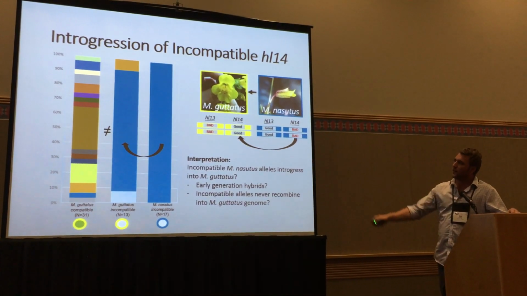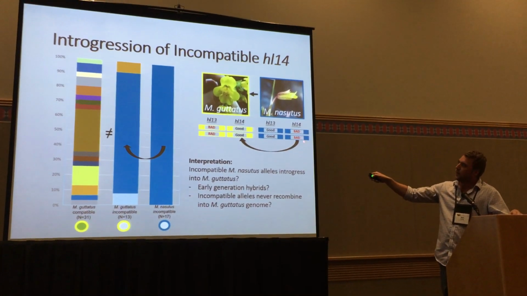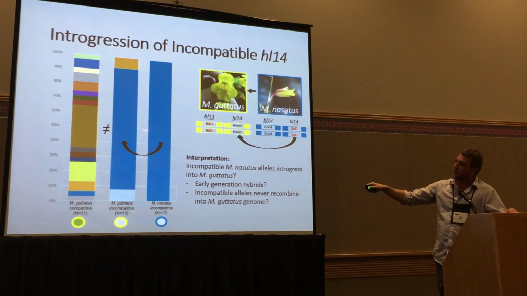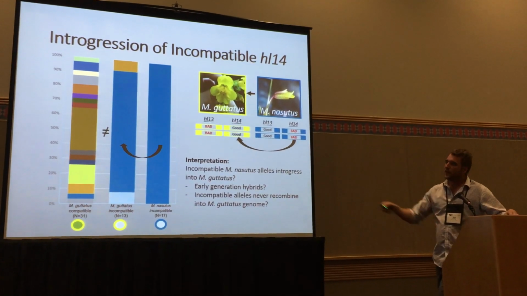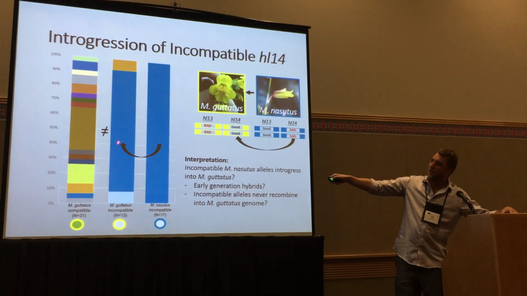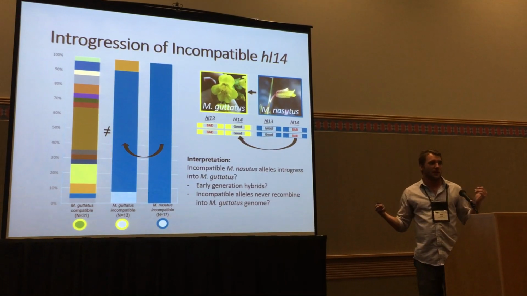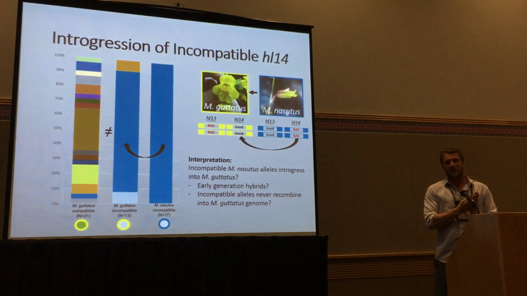My thought is that there probably is hybridization, and this allele actually is getting into Guttatus, but these Guttatus individuals are very likely early generation hybrids. It's a recessive allele, so it can at least get in there in the heterozygous state.